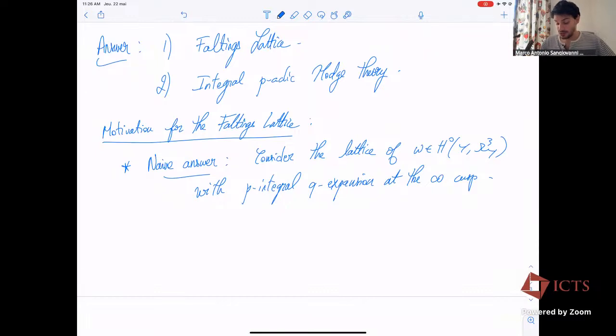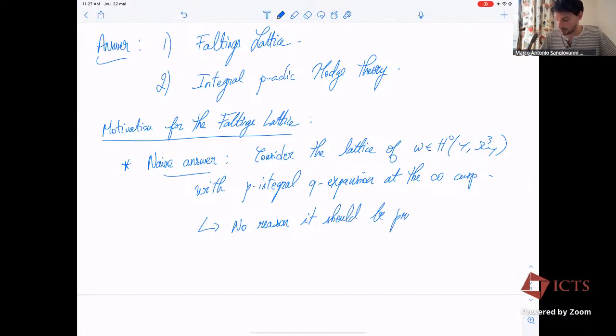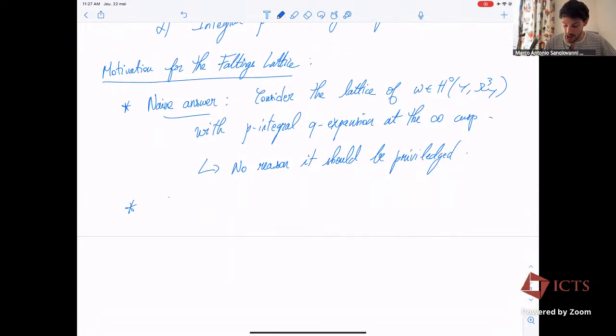But the problem is that there is no reason why this single cusp at infinity, with totally multiplicative level structure on the Mumford object, should be privileged with respect to other cusps. Okay, so you would like something more natural. So if here I have Y with level at p, it maps to Y naught.